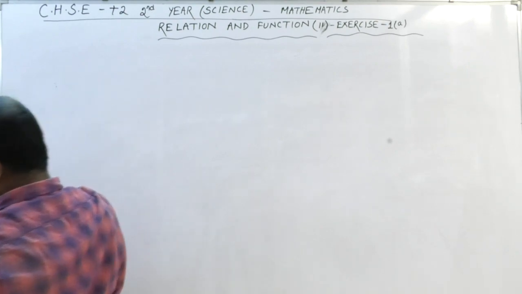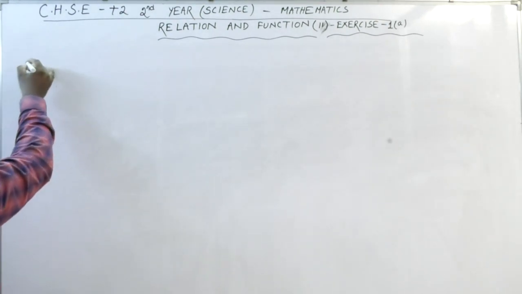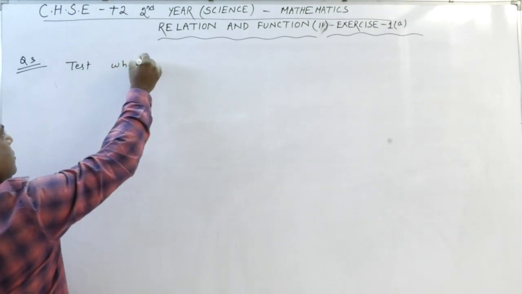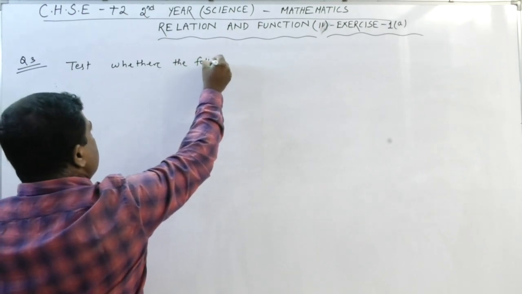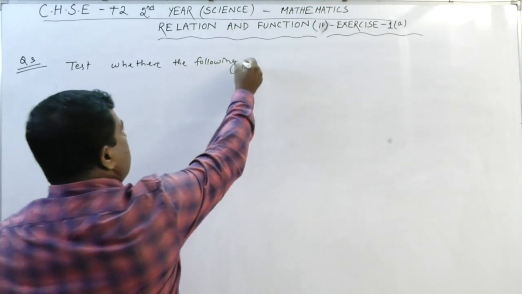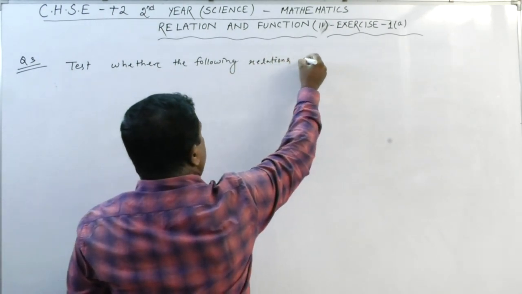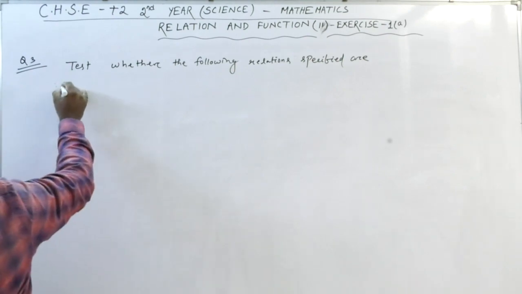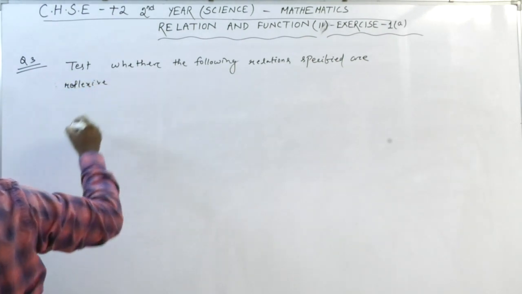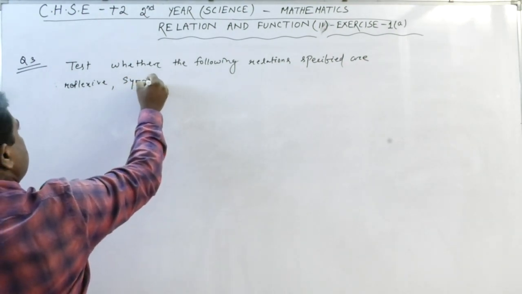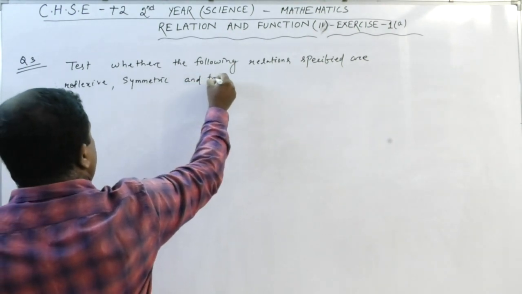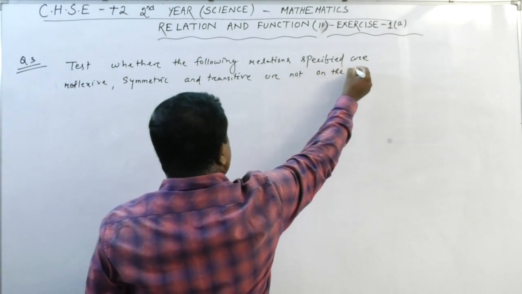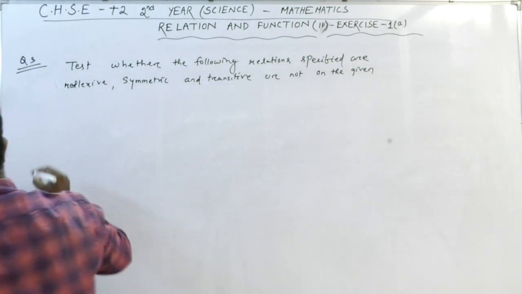So you see, question number 3 says: test whether the following relations specified are reflexive, symmetric, and transitive or not on the given sets.